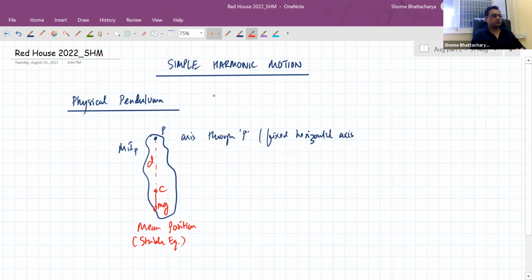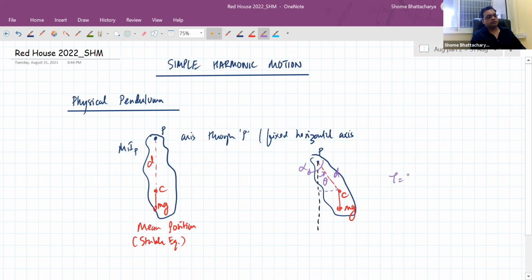But the moment we take the whole system to a position where now the center of mass is not vertically below the axis, you can see that the weight creates a restorative torque. So if we have given it an angular displacement theta like this, it will have an angular acceleration alpha like this because of the torque.